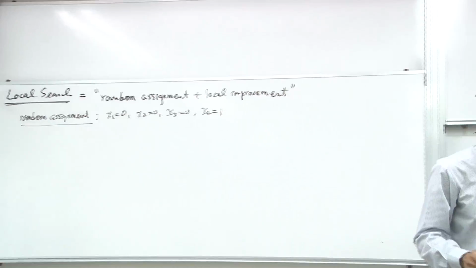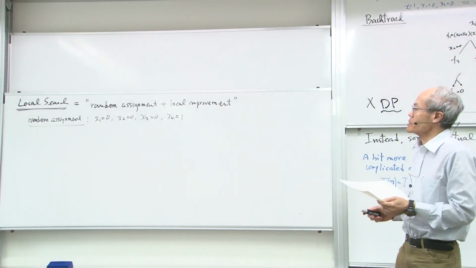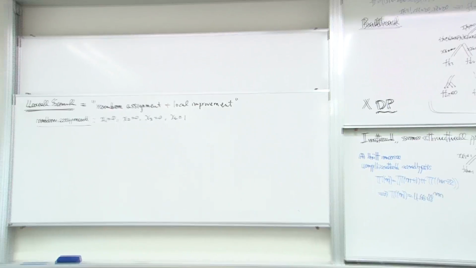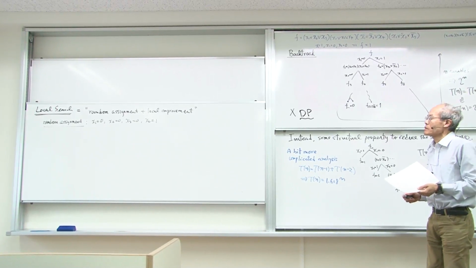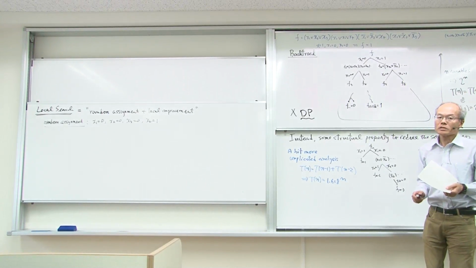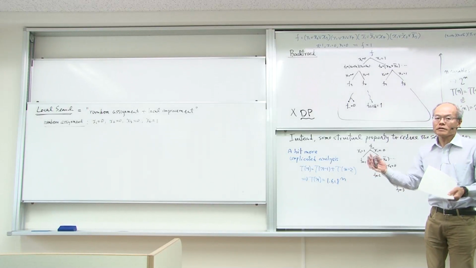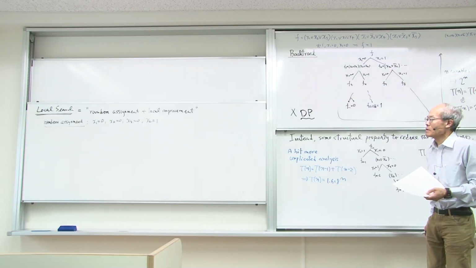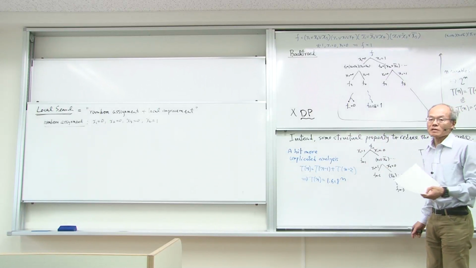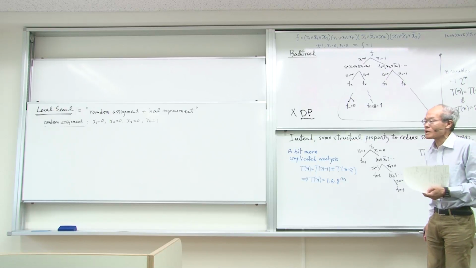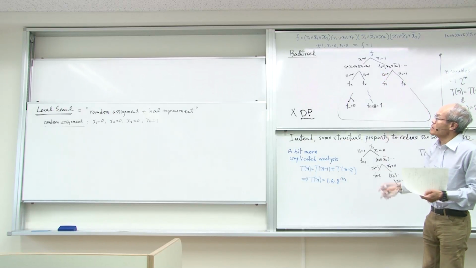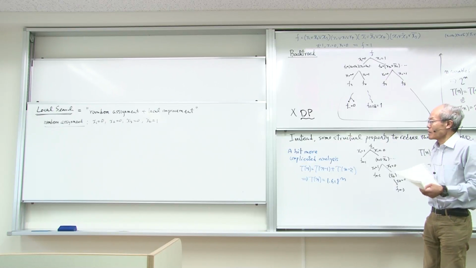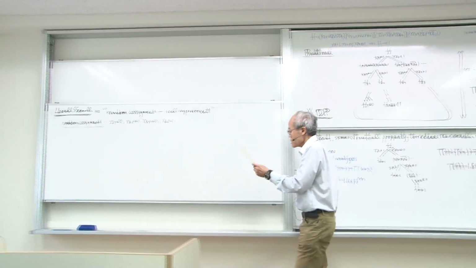So we just try random assignment. For example, x1 is equal to 0, x2 is equal to 0, x3 equal to 0, x4 is equal to 1. Okay, just we flip coins, then we can get that random assignment. If that is the correct answer, if that is satisfying assignment like that, then we are happy because we are done. But maybe it's not the case.